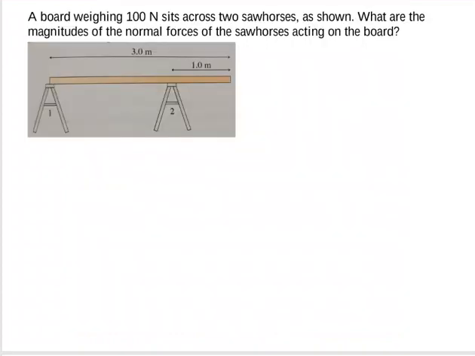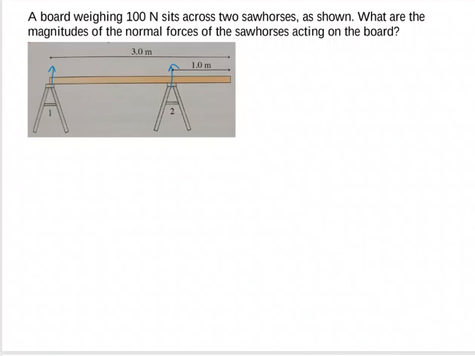All right, so a board weighing 100 newtons sits across two sawhorses like this. What are the magnitudes of the normal forces of the sawhorses acting on the board? So we know that there would be a normal force here and a normal force here, and we want to figure out what those magnitudes are. That's the idea. So what do we do?